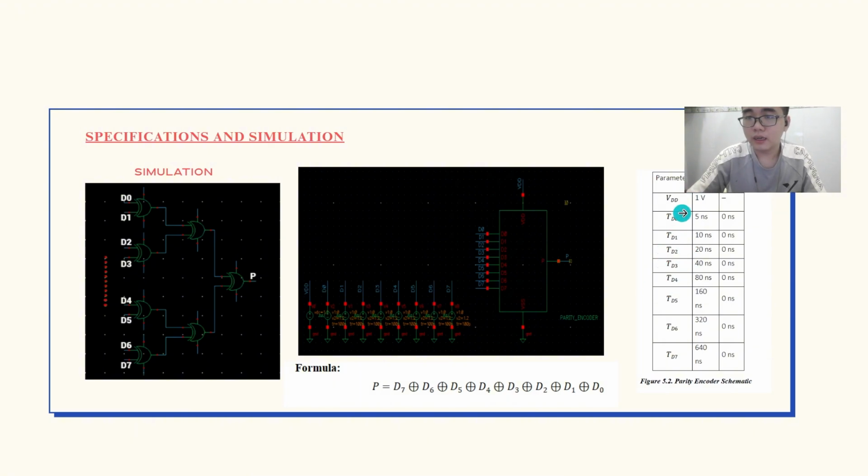We can see we have a parameter VDD of 1 volt, and parameters D0 to D7. We can see the values of the D0 to D7 parameters are different, but the delay does not change much. To be clear, we will dive deeper into the waveform.